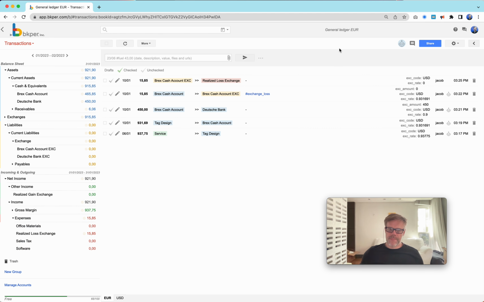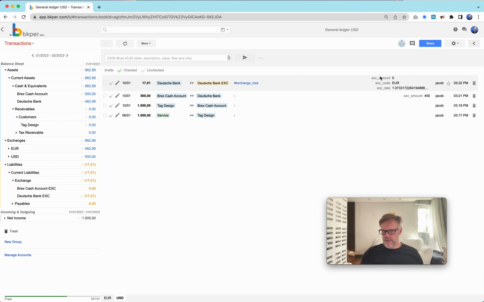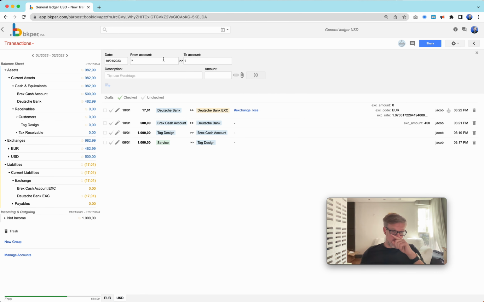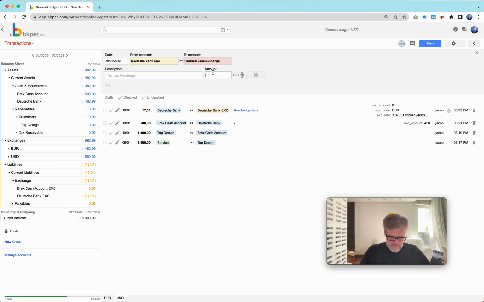Now, this transaction is not duplicated here. It wouldn't make sense, right? And now we do the same here. So we had a Deutsche Bank exchange loss, realized loss. The amount is 17.01.